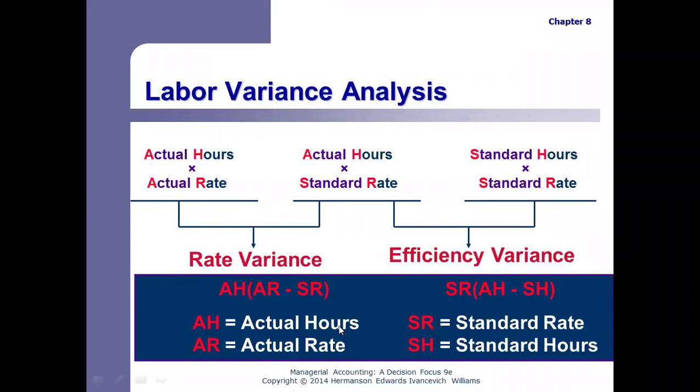It's basically the same structure that we saw for materials variances, only we call them different things. It's not price variance, it's rate variance, and the usage variance is not usage, it's efficiency, which is exactly the same thing. Okay, so the same formulas, the same structure for the different columns.